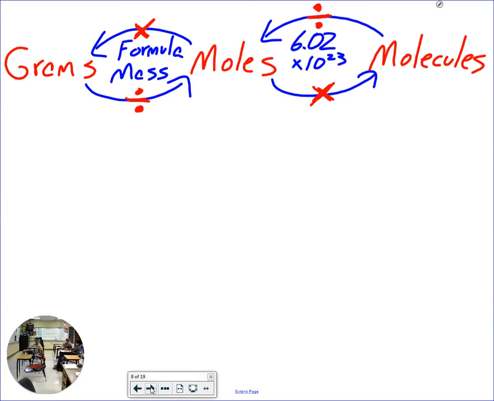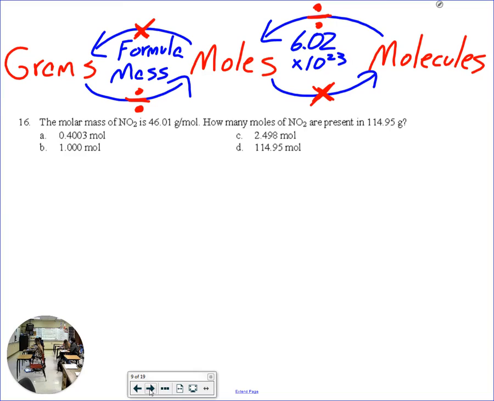That's all this is. It says the molar mass of nitrogen dioxide is 46.01 grams per mole. It's very nice then to go ahead and total that up for us. So how many moles of nitrogen dioxide are present in 114.95 grams? Well, identify what we are given in this problem. What is the quantity they start us with?